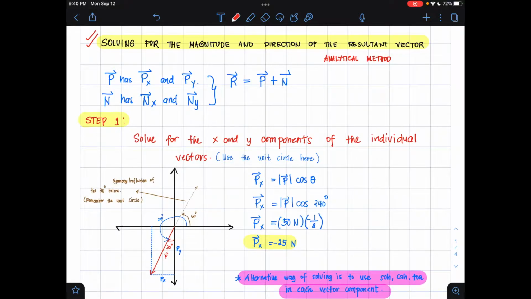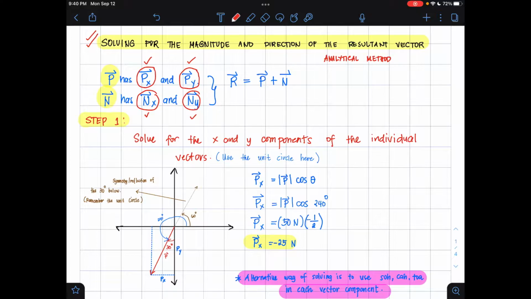You need to take note here, class, that our given vectors are P and N. Each of these vectors has individual components, which we call P of X and P of Y. Those are just the X component of your vector P and the Y component of your vector P. In the same manner, your vector N has an X component as well as a Y component.